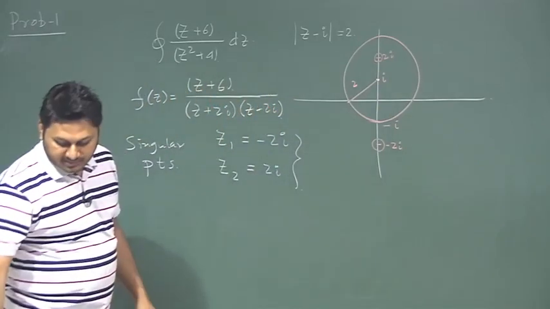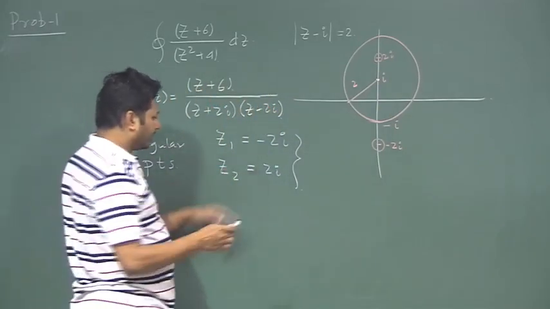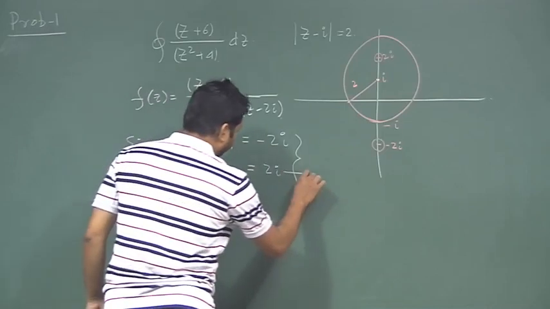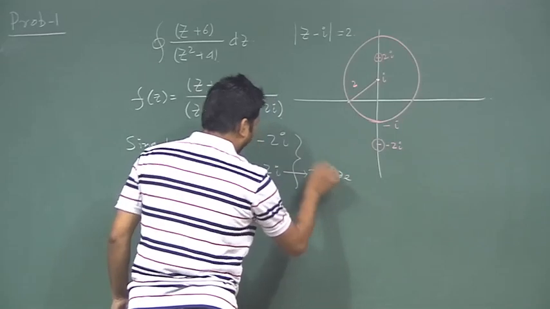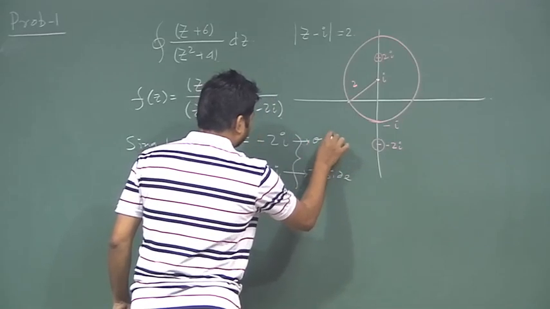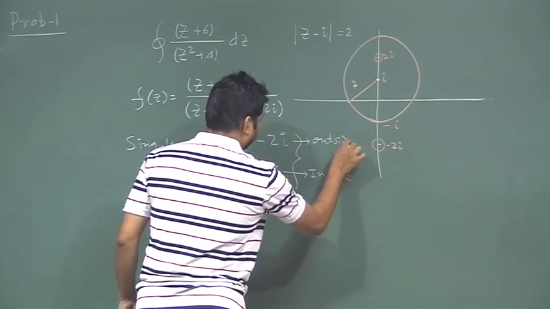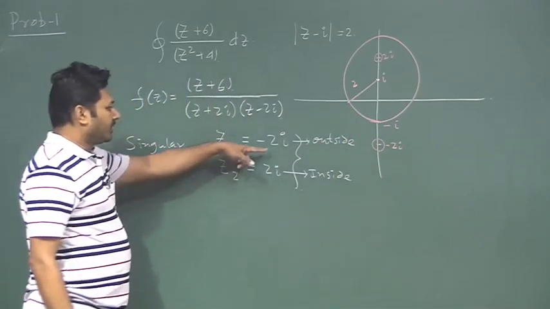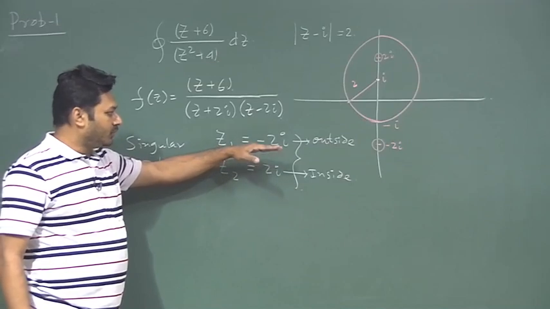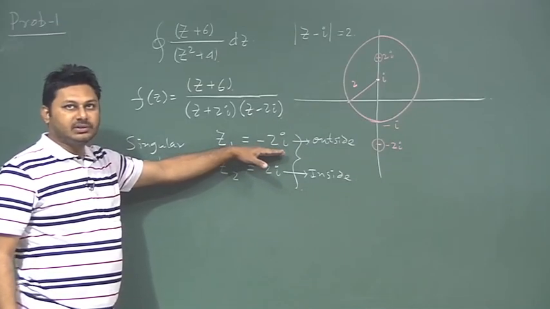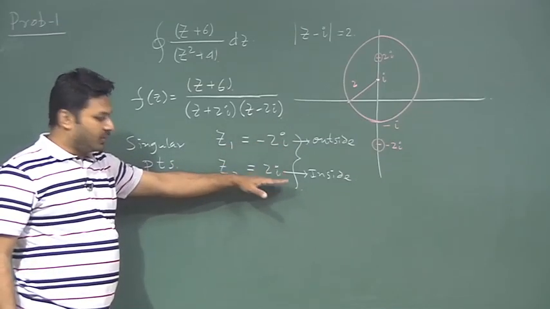So, this point is inside and this point is outside. I should not bother about the point outside, because it will not have any effect on the integration. Only thing I need to bother about is this point.